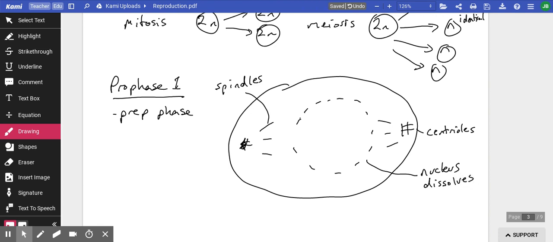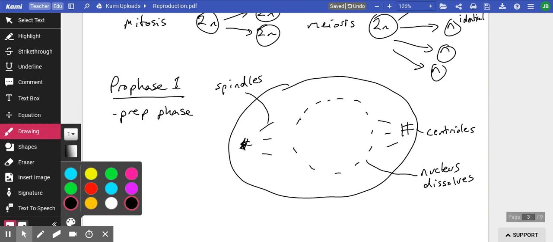And then inside the cell, we are going to draw 3 sets of chromosomes. And we can use red for the chromosome from the dad. And we'll draw 3 different sizes. So there's our red chromosomes.